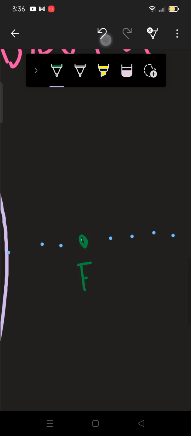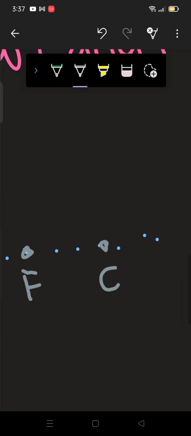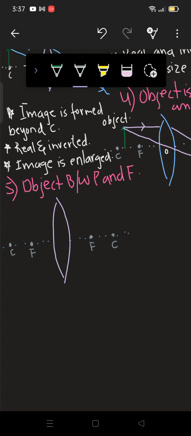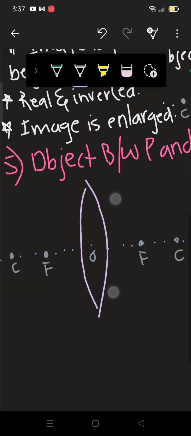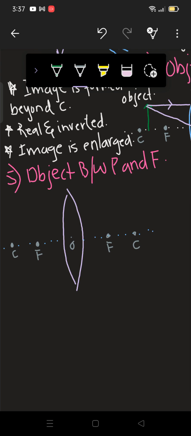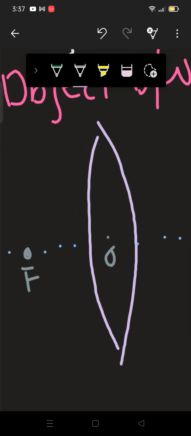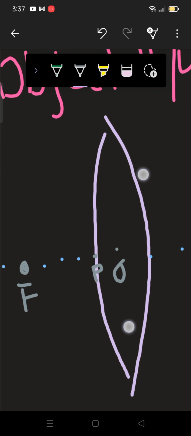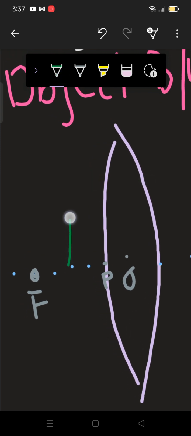Here we have focal point, and here we have center of curvature. Alright, so here we have optical center. Now object is placed between the P and the F. As we know that P is the center of this spherical surface, which is also known as pole. Alright, so object is placed here. Alright, so let's apply the first rule first.